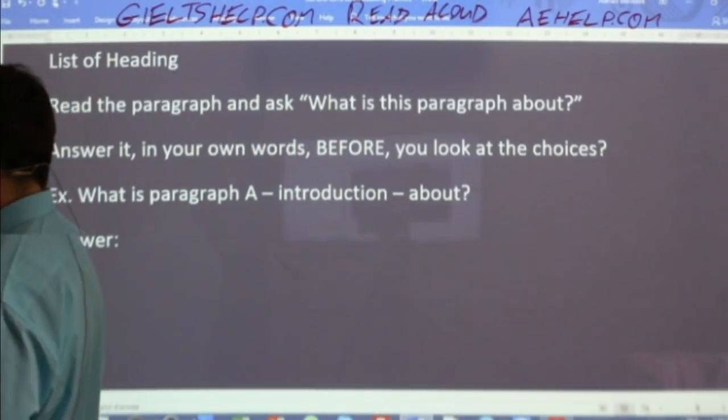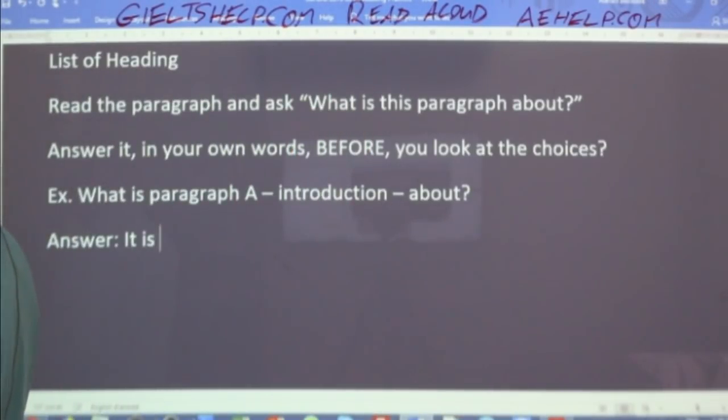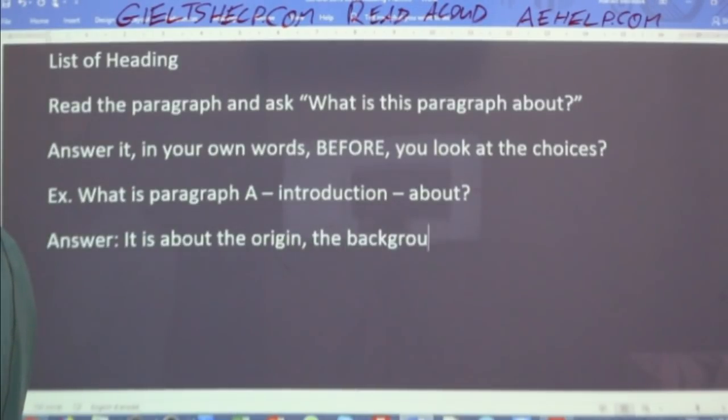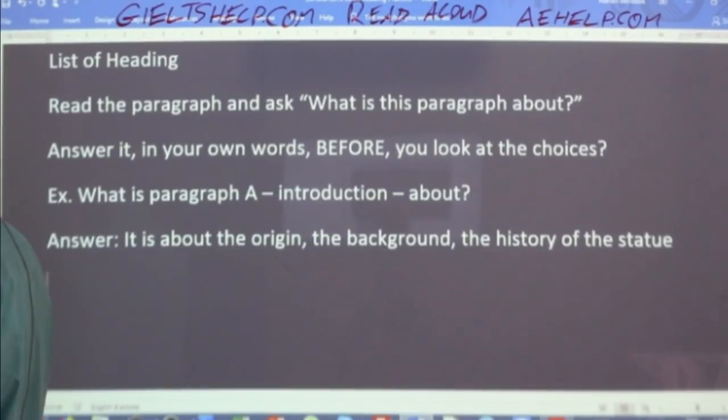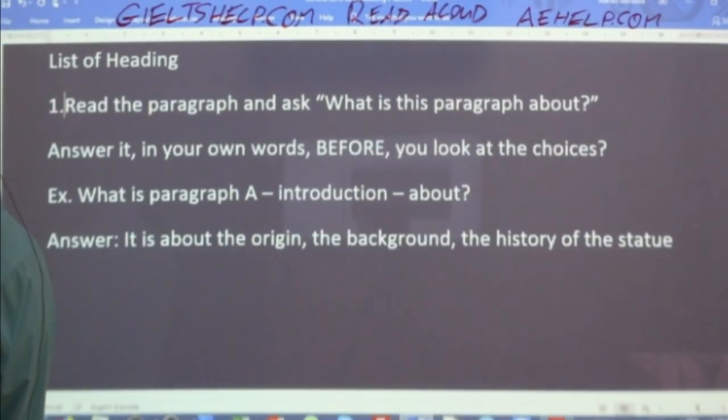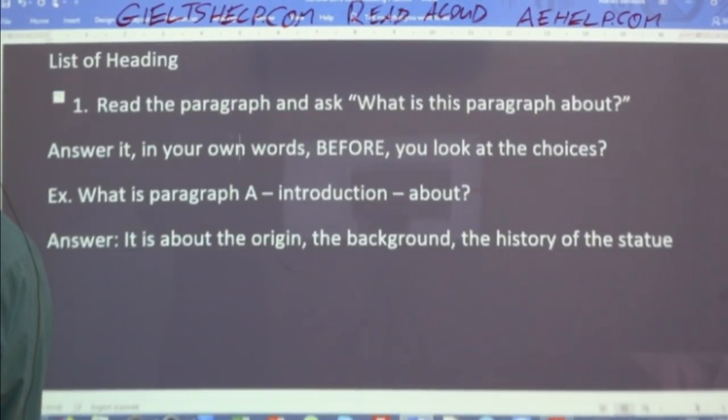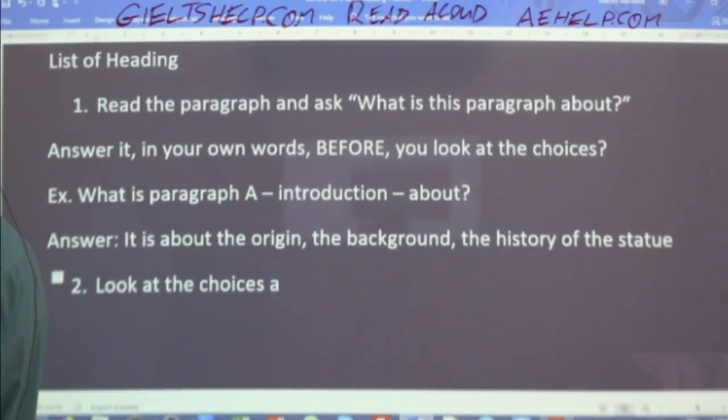Yeah, okay. All right, so that's your step number one. And then step number two is to actually look at the choices and find the closest match.